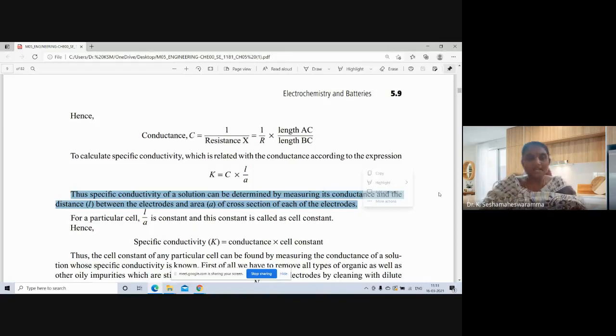For a particular cell, L by A is constant, and this constant is called a cell constant.